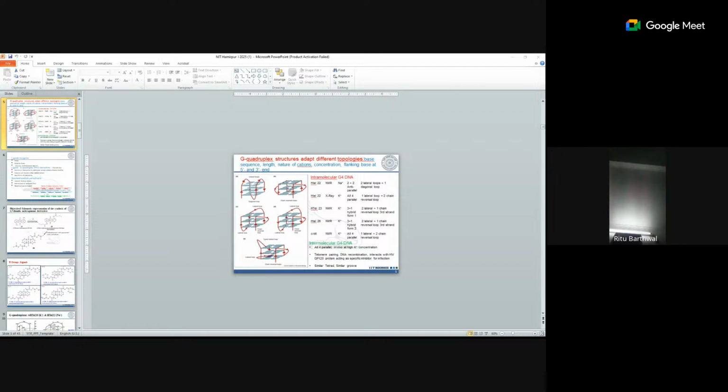Another thing is, outside the tumor, it should not be toxic. It should not affect the other DNA in other portions. It should affect only the promoter of the oncogene. It should affect only the telomeric DNA, any DNA which you don't want to elongate. So only that.